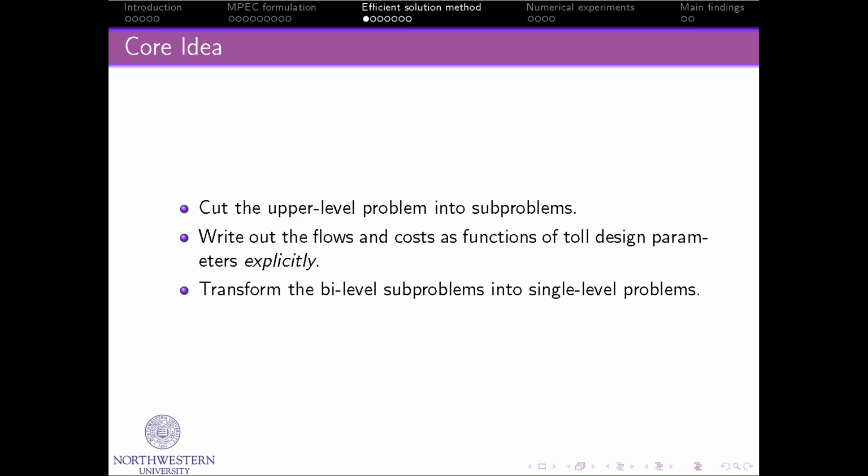So the core idea of the method is to first cut the upper level problem into small problems, and then write out the flows and costs as functions of toll design parameters explicitly. And then by plugging them into the upper level problem, we transform the bi-level problems into single level problems.